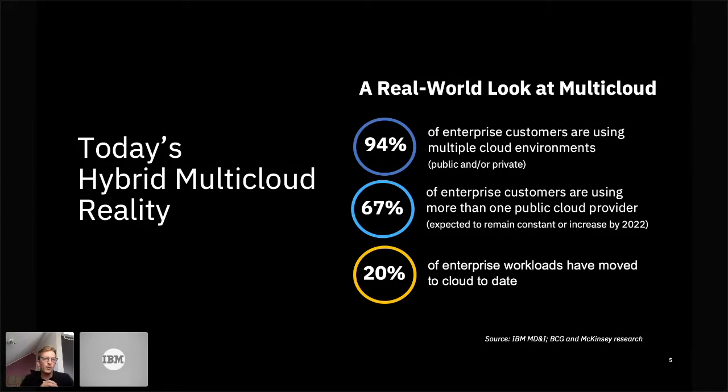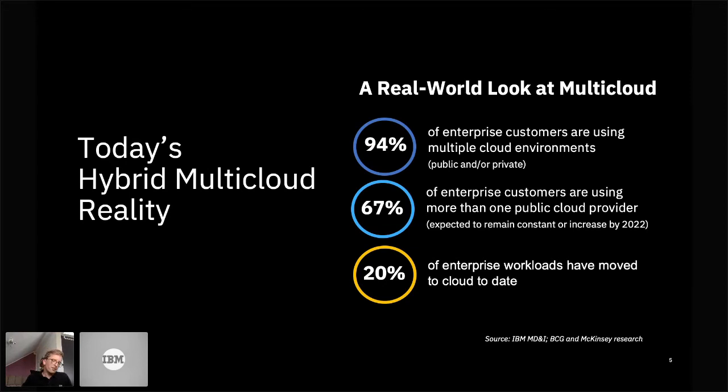Now we already see that the reality is multi-cloud and the reality is hybrid. But maybe the most exciting point here is that only 20% of enterprise workloads have already moved completely to the cloud. So this is a big journey ahead of us, and also an even bigger opportunity.